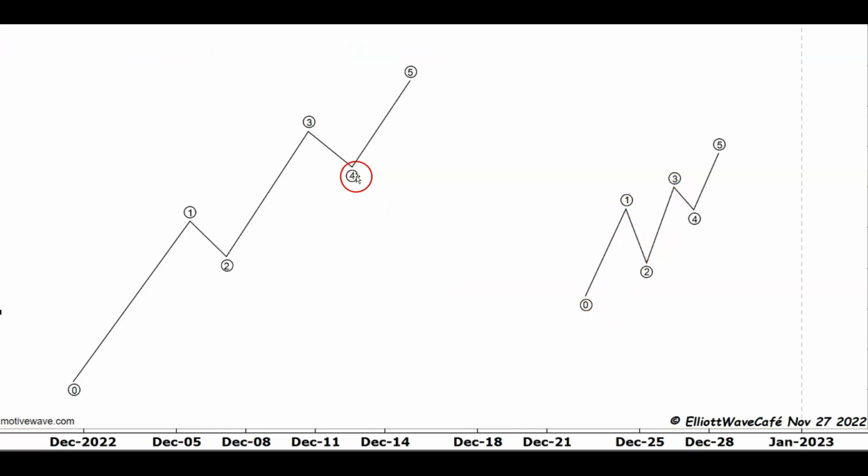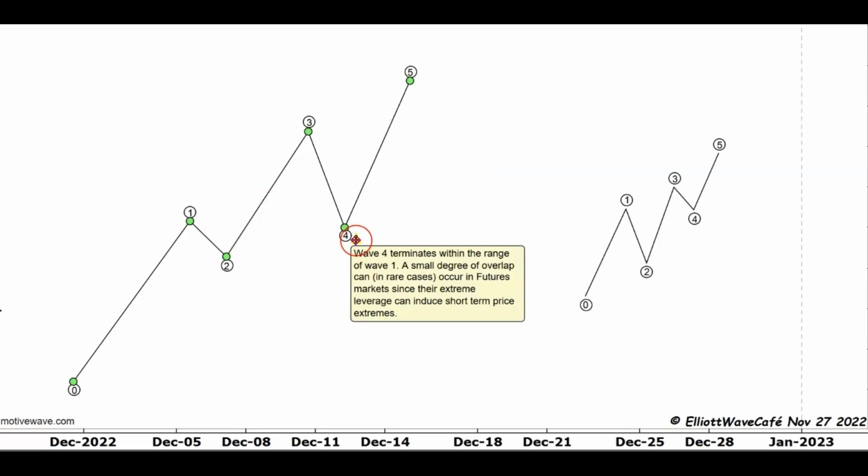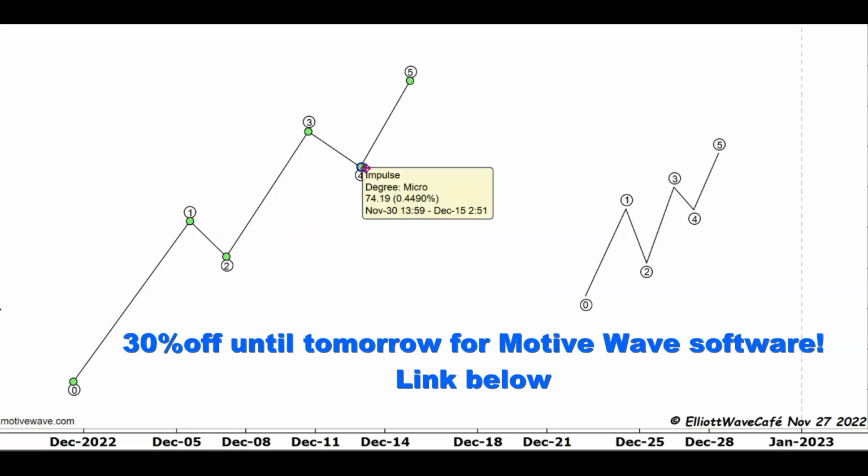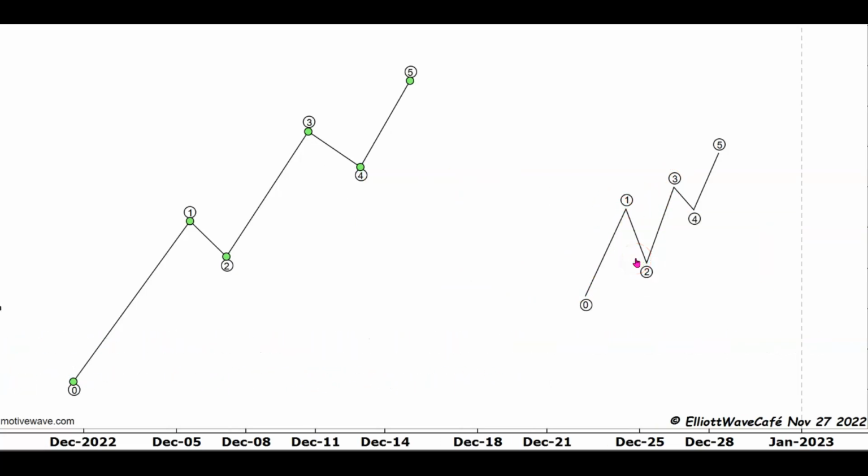So in a diagonal, instead of having wave 4 separated from wave 1 and 2, the software will give you a big no-no up here, that you cannot terminate into the territory of wave 1. In a diagonal, it is required that wave 4 enters the territory of wave 1, or in the space of wave 2.